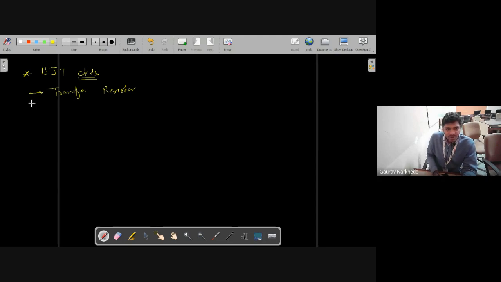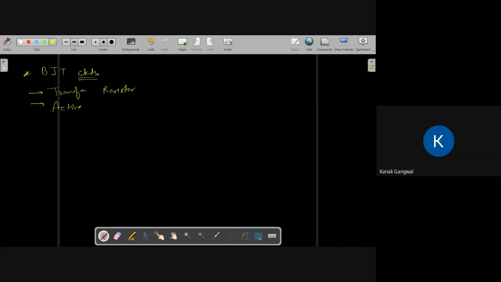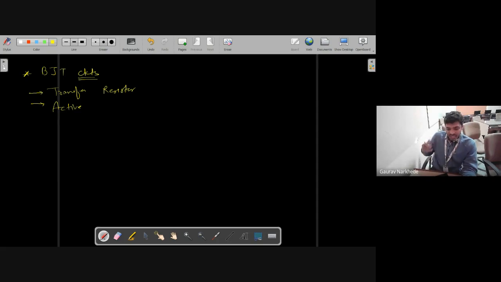Now how is this device? This device is an active device. Active device means what? We said what are active components and passive components. What are active components? Which can amplify, which can change the nature of the waveform. So that is your active component.